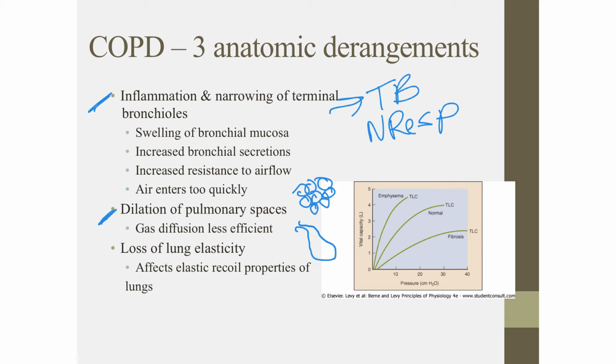Over time, the elastic recoil properties of the lungs are definitely affected. We can see changes, again, mainly if it's emphysema dominant. There's hyperelasticity. That's actually what you see in this curve. If we're doing a vital capacity test and we're asking the patient to blow out all of their air, we're seeing this curve like this. So it's a very fast, very quick removal of air from the lungs.